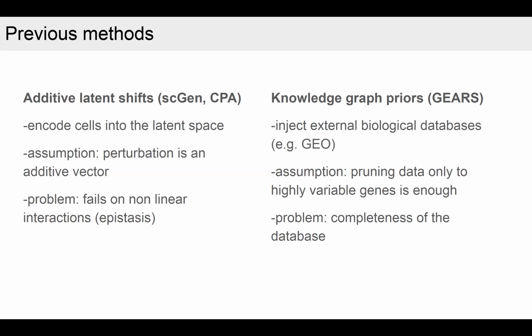Other approaches use existing external knowledge graphs, like GEARS, where they use the GEO database. They assume that these databases are complete, and for their results, they used only the highest variable genes and pruned the other ones.